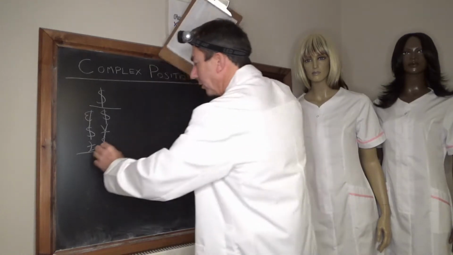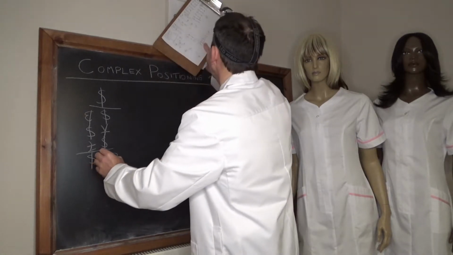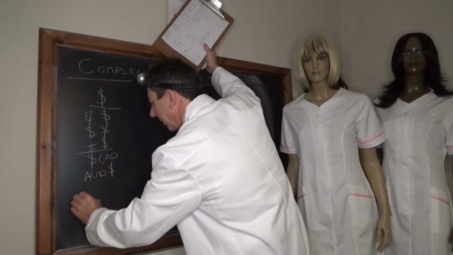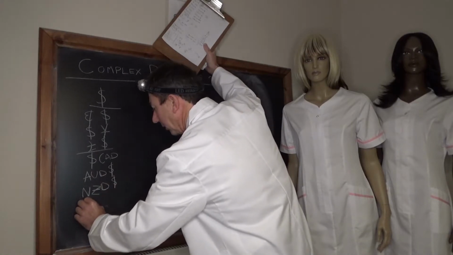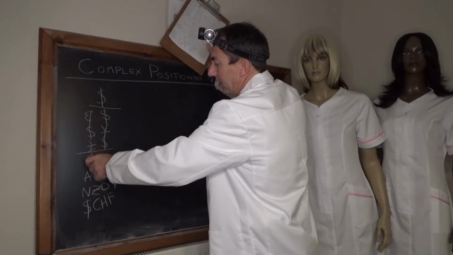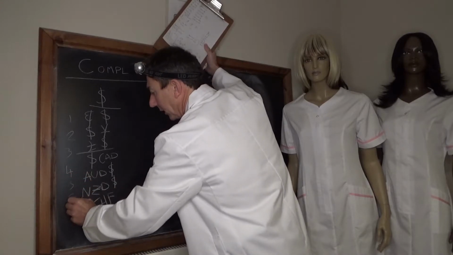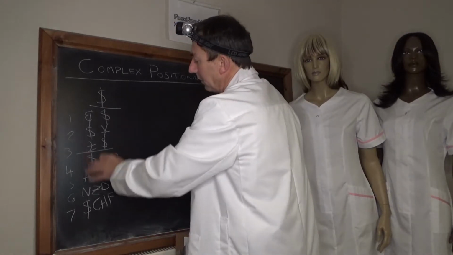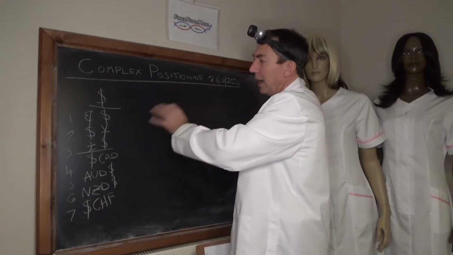And then we've got the dollar CAD, the AUD dollar, NZD dollar, and the dollar Swiss franc. So they're 7. 1, 2, 3, 4, 5, 6, 7. So the dollar complex is made up of 7 FX pairs.